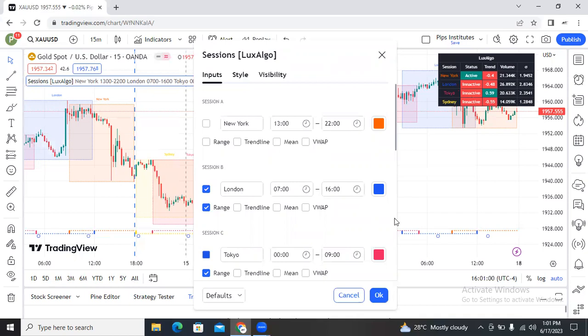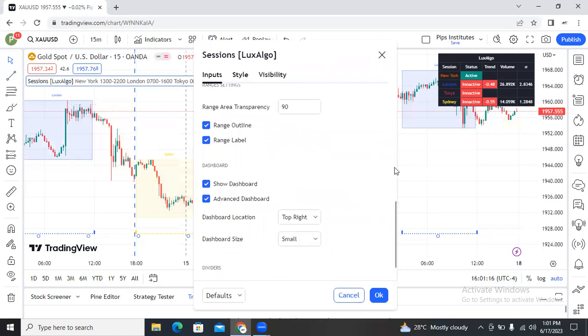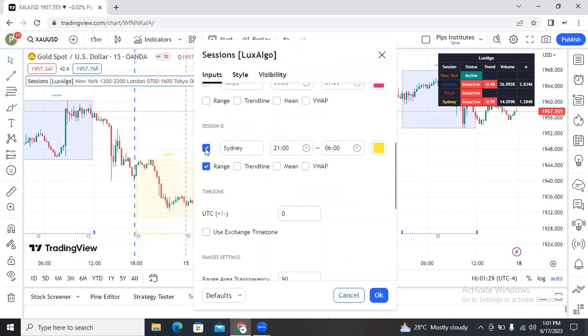Then we come back down here and untick Sydney too.